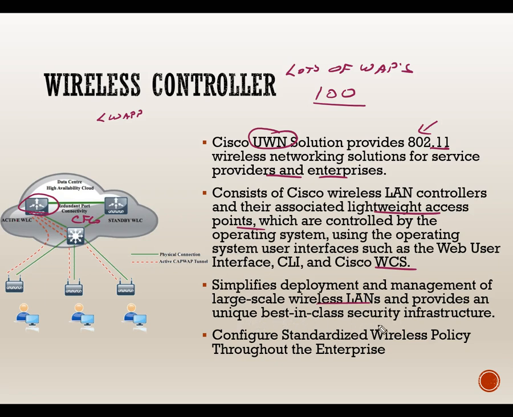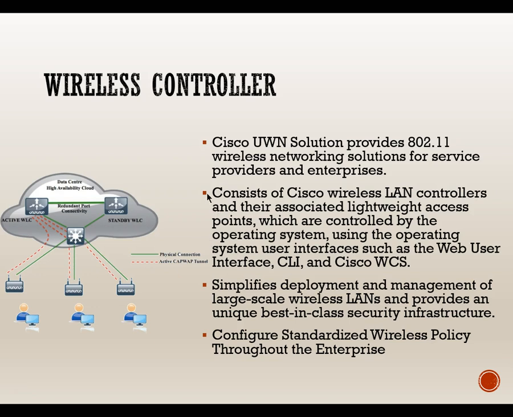It provides a unique, best-in-class security infrastructure, and this is from Cisco, obviously, and it really does. We configure a standardized wireless policy throughout the enterprise so that we can do it one time and we are consistent, because we don't go from one to the other and say, oh, this is what I think I did on the last one.